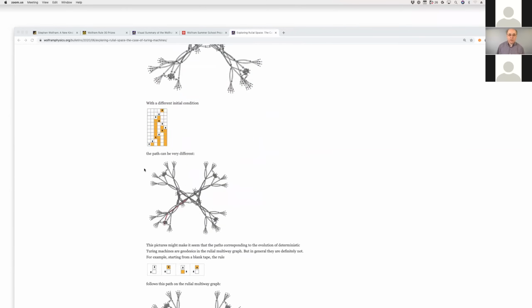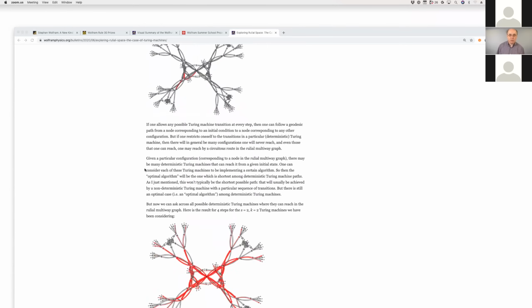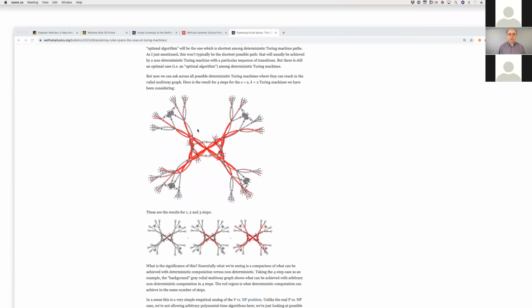But any particular deterministic Turing machine is just a single path here. So one question we can ask is, how does the set of all possible deterministic Turing machines correspond to the space of possible non-deterministic Turing machines? And that's the red region as compared to the gray graph here. And this particular picture is telling us things about the comparison between non-deterministic computation and deterministic computation.